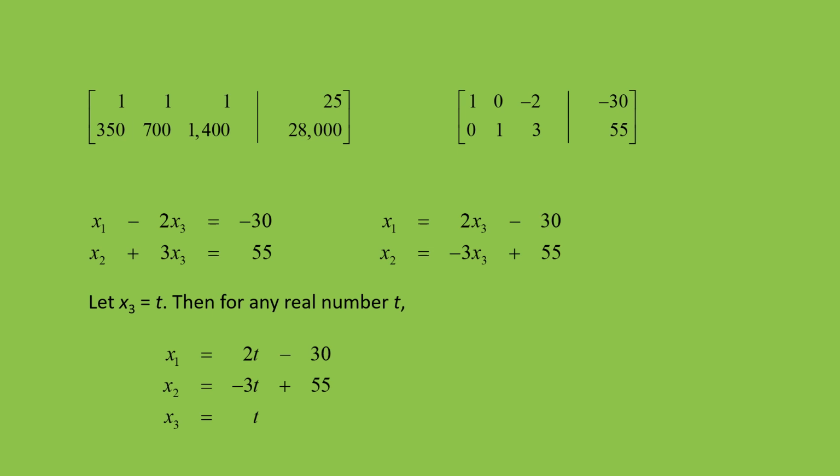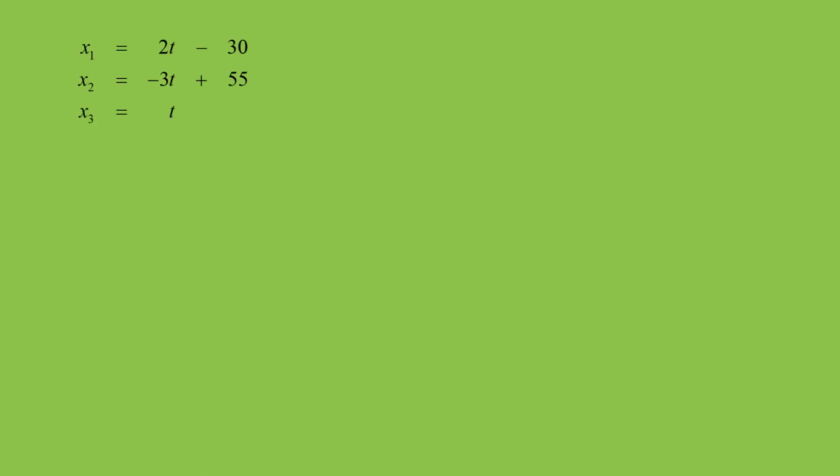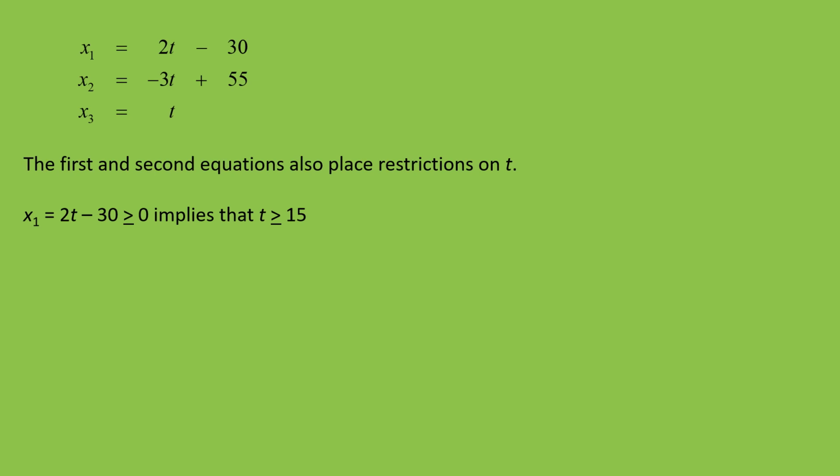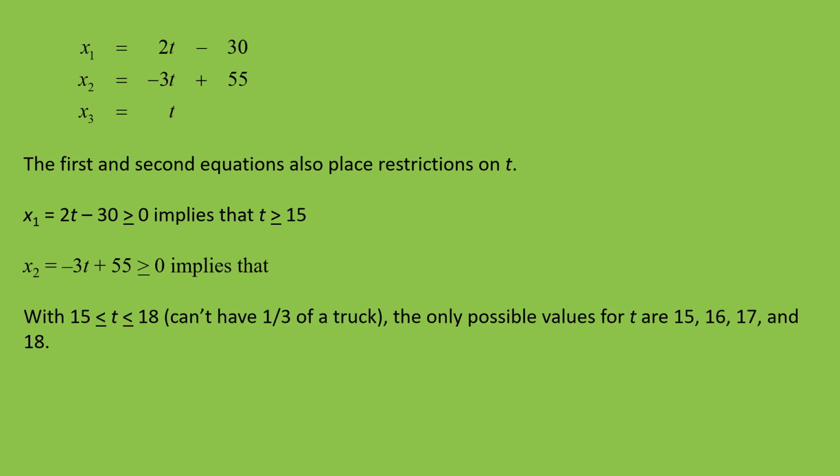If you are particular about a few of the results here, maybe we can prepare a chart. So in this, 2t minus 30 must be greater than or equal to 0 because each one must be positive. So t must be greater than or equal to 15. And in the second case, it must be less than 18.